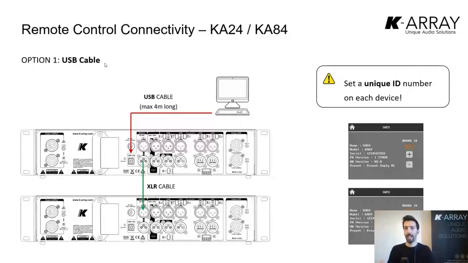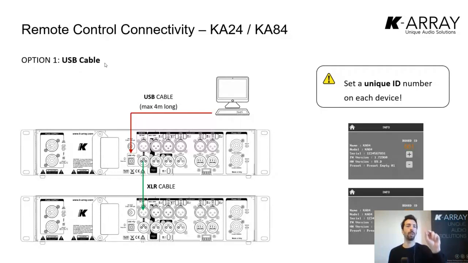If you have several amps in the rack, you use the USB cable to connect your computer to the first amplifier in the rack, and then you can link all the other ones together using just XLR cables, because as you can see, we have an XLR RS485 output and input in each amplifier.